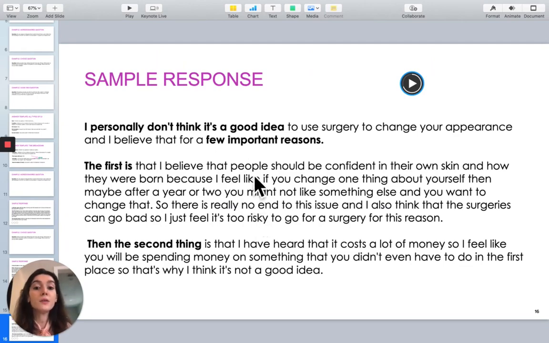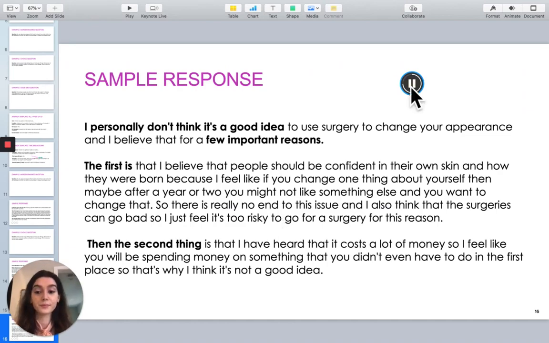So even though I did not give an example here, I was able to bring in new ideas and say, you should be confident in your skin, and I don't think this is going to end anywhere, because one day you might not like one thing, another day you won't like something else. So I was continuously developing on my idea, not repeating the ideas. So without an example too, I was able to do topic development.